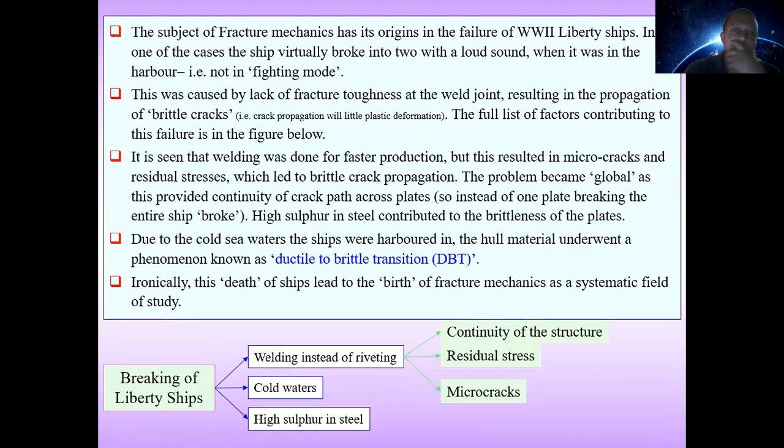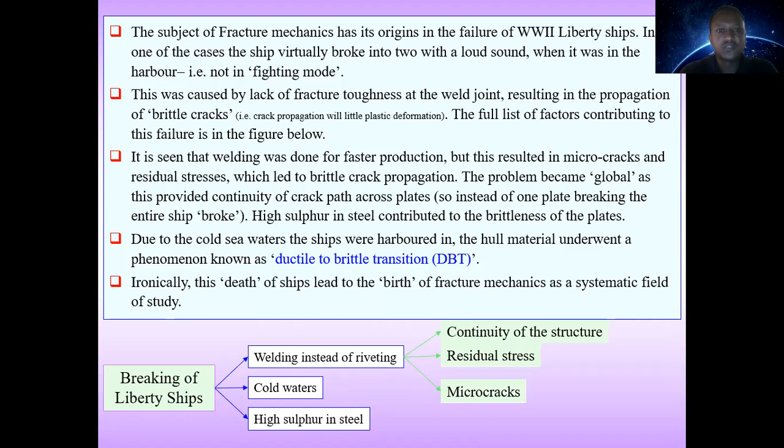The subject of fracture mechanics has its origin in the failure of the worldwide Second World War Liberty ships. In one of the cases, the ship virtually broke into two with a loud sound when it was in the harbor.